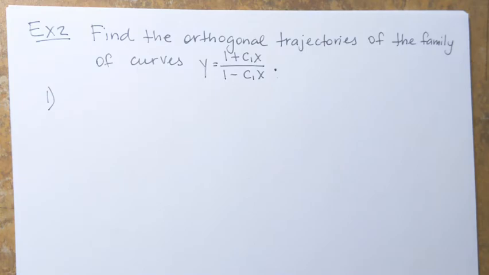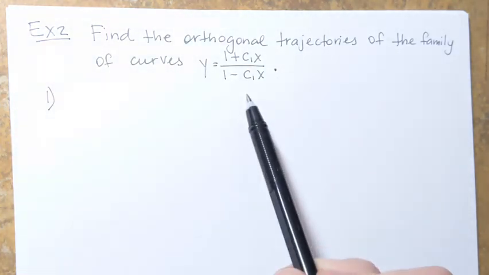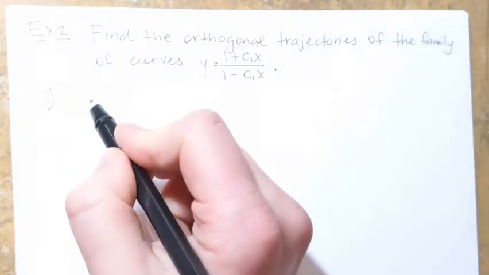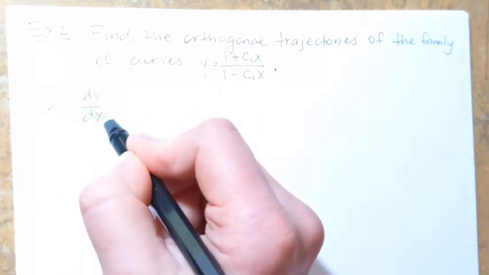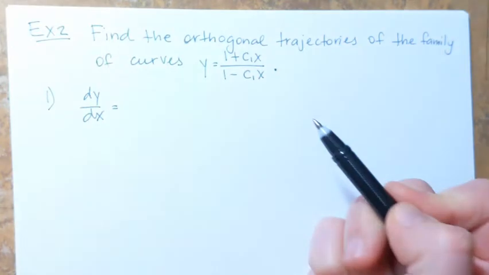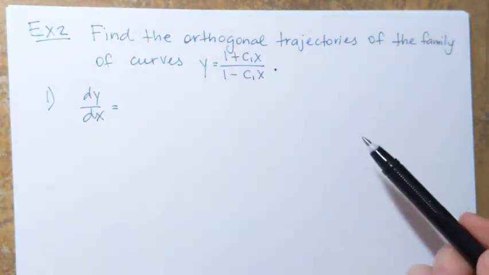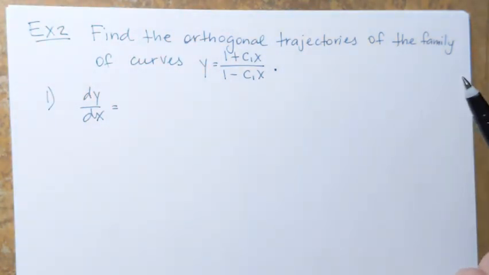Okay, so first we start by finding the corresponding differential equation, right? So for that we have to find the derivative dy/dx. Now the derivative of that quotient will be what? We have to use the quotient rule.